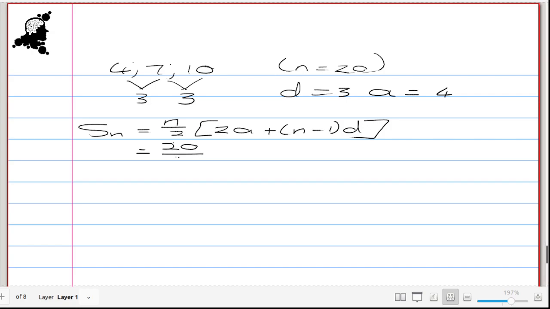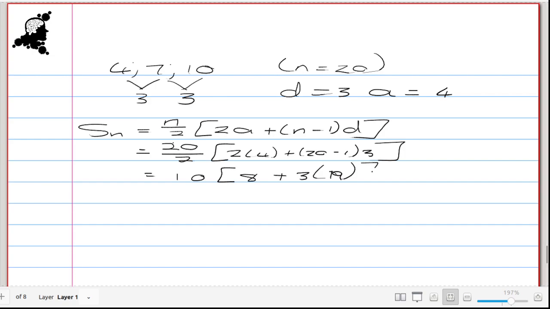20 over 2 into 2 times 4 plus 20 minus 1 times 3. 20 divided by 2, that's going to give you 10 into 2 times 4 is 8 plus 3 into 19.